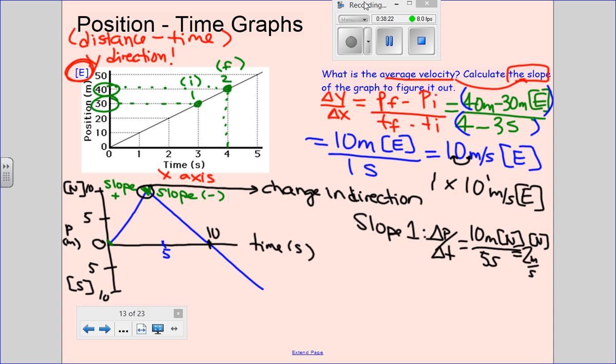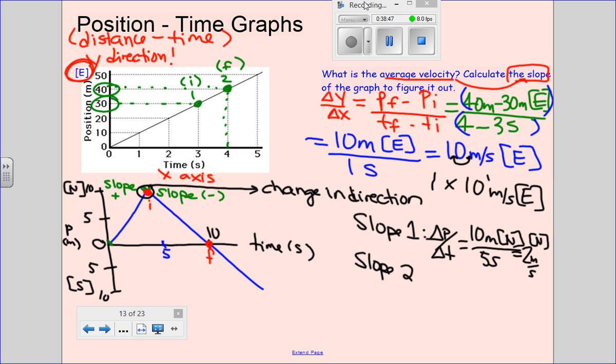For slope 2, I'm going to think about this point and this point because they're both on the line. For slope 2, I can't just take the big number minus the small one. My point closest to the left always has to be initial. My point closest to the right always has to be final.